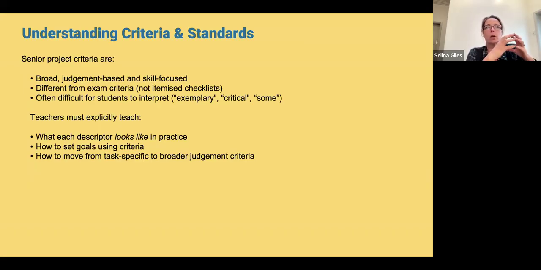So one of ours, for industrial tech, there is a criteria and it has appropriateness. Now, how do you judge if something's appropriate?